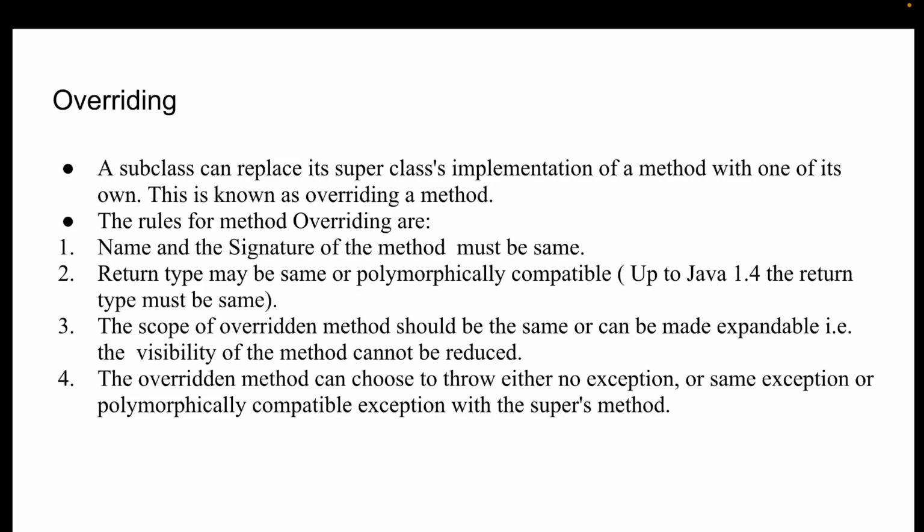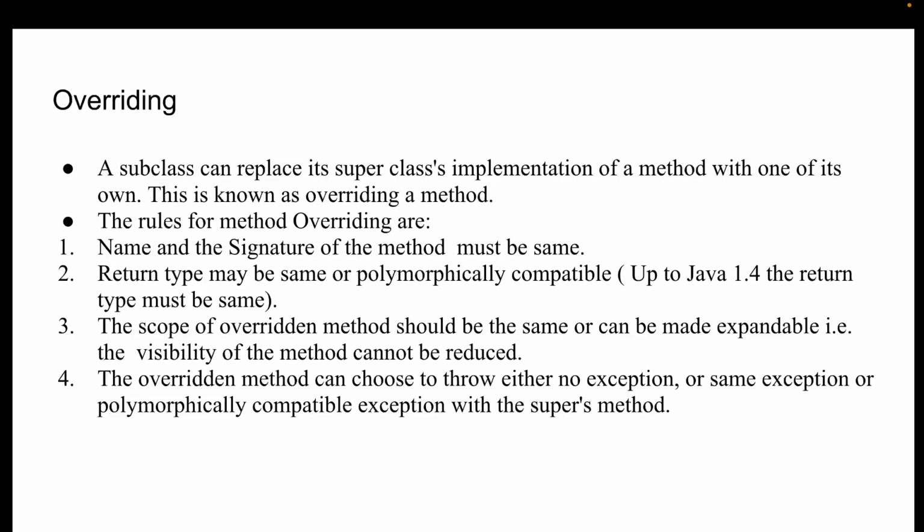The third point: the scope of the overridden method should be the same or can be made expandable. That is, the visibility of the method cannot be reduced. We have seen some access specifiers or access modifiers, right? When I talk about access modifiers, we have talked about private, protected, default, and public.